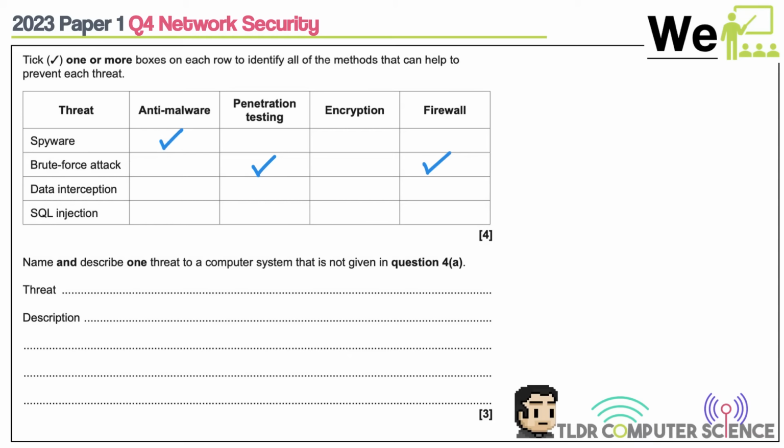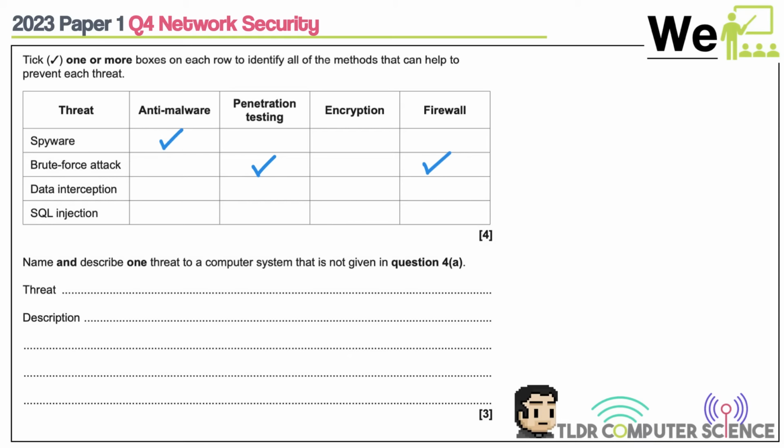Okay, data interception, or a man-in-the-middle attack. This is where you're sending data from one place to another and somebody intercepts it as it's travelling. Anti-malware, well, this is just software that you have yourself, so it'll probably not be the case. Penetration testing, well, this is not about testing if a system works or not, so probably not appropriate.